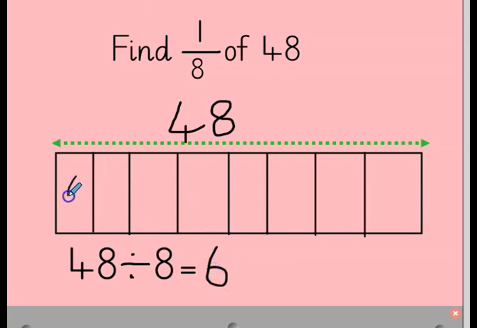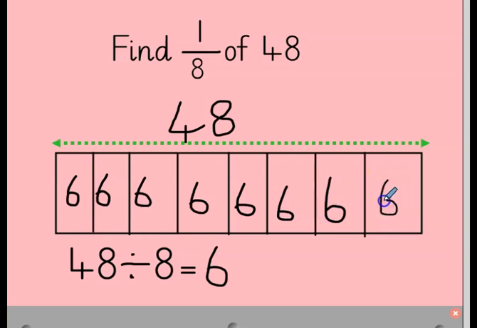So each 8th here must be equivalent to 6. There you go. And that is it. Just by dividing by the denominator, we have found the answer to our question, which is 6.